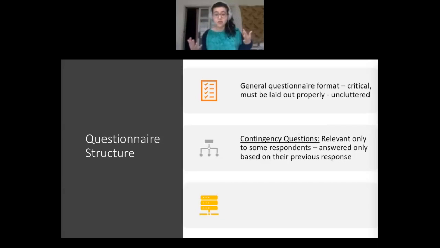So after you settle on all of the questions that you develop in your content, you have to consider the format of what you're doing. If you're doing a paper form, it should look very clear what the directions are, how they should check things or mark the questionnaire, and it should look very uncluttered and feel like a guideline for people to move through.